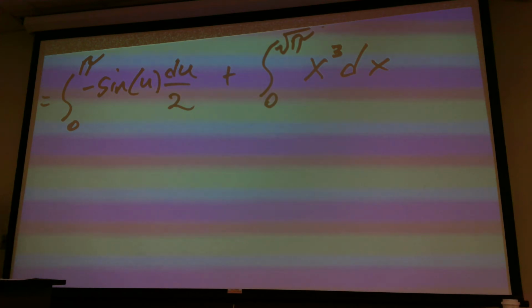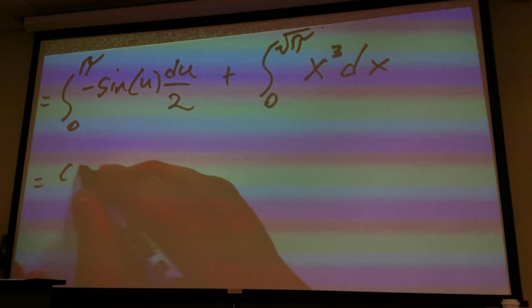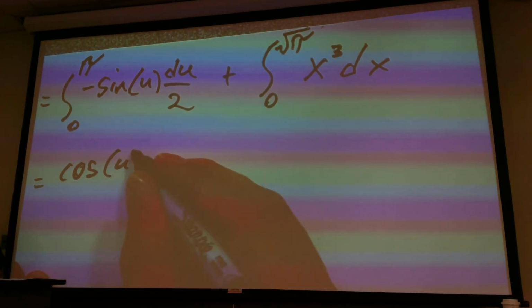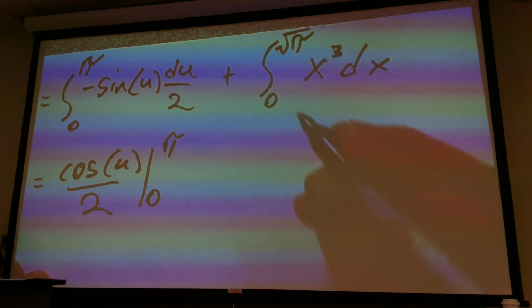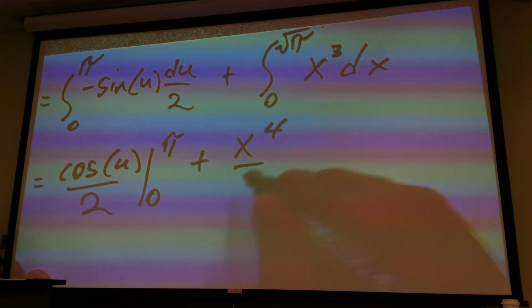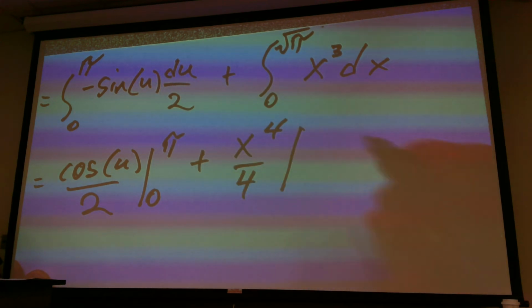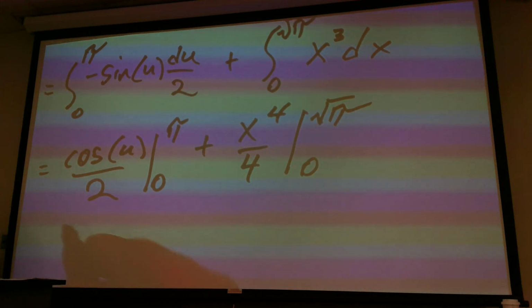Now remember, I'm going to integrate sine again. And when you integrate sine, it changes sign. So this will be actually positive cosine of u divided by 2, evaluated at 0 and at pi. And this guy is going to be x to the 4th divided by 4, evaluated at 0 and square root of pi. Now cosine of pi is negative 1.